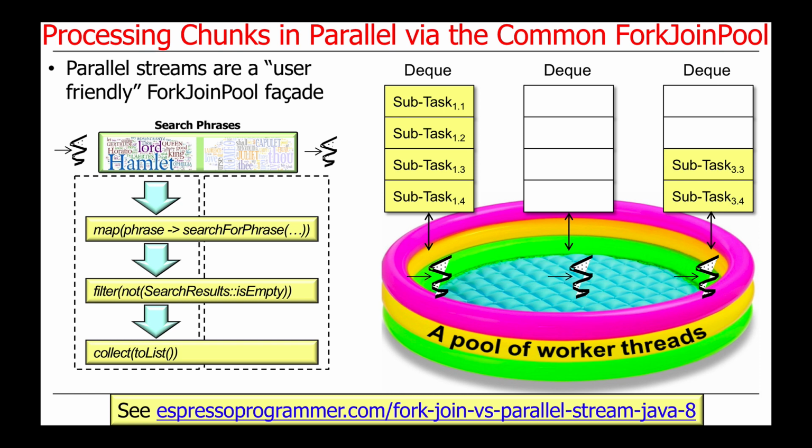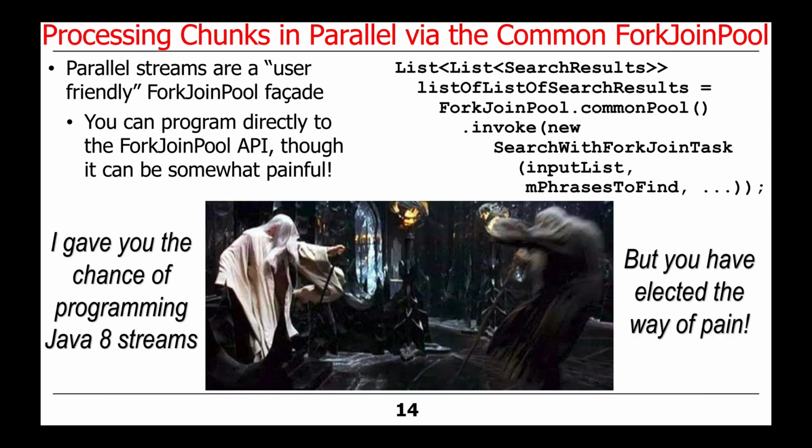Therefore, you can think of a parallel stream as a user-friendly facade for the fork join pool. So when we program with parallel streams, we think in terms of aggregate operations like map and filter and collect and so on. But under the hood, things are processed using the fork join semantics for the chunks that are spit out by the splitterators.